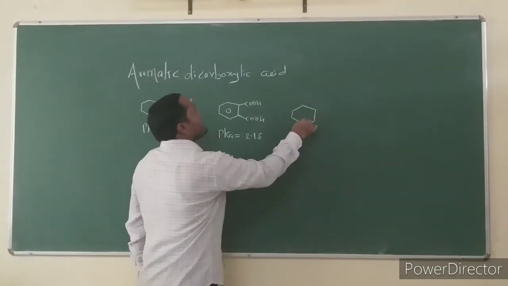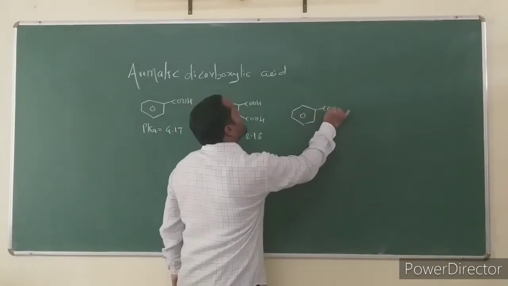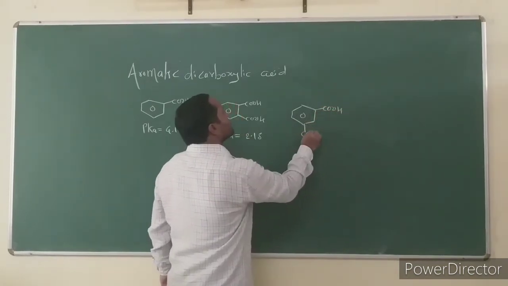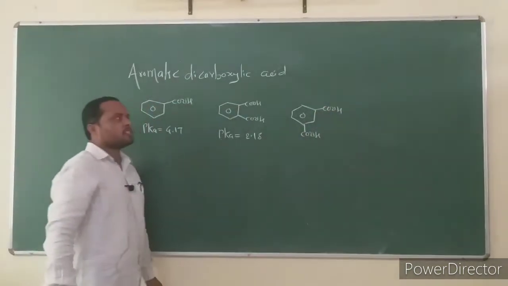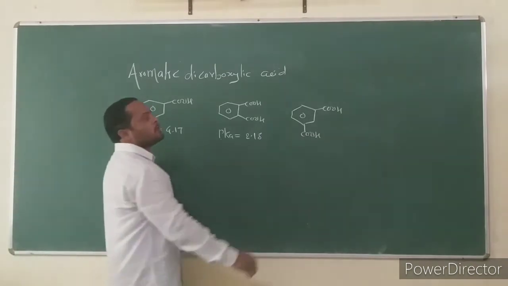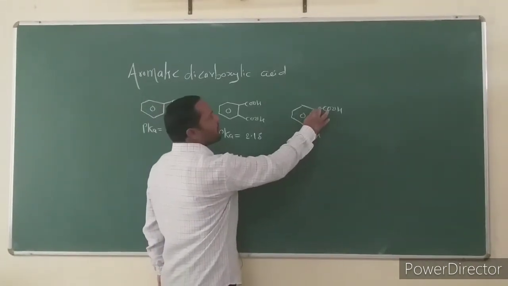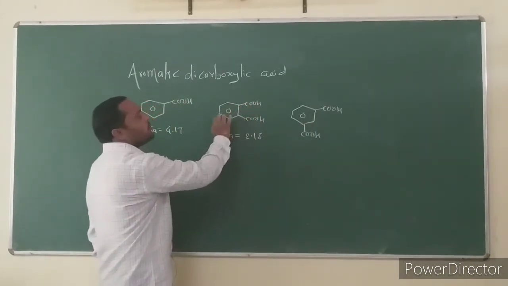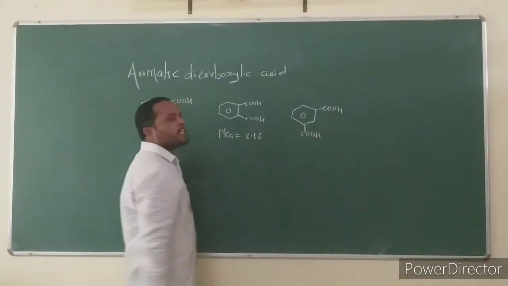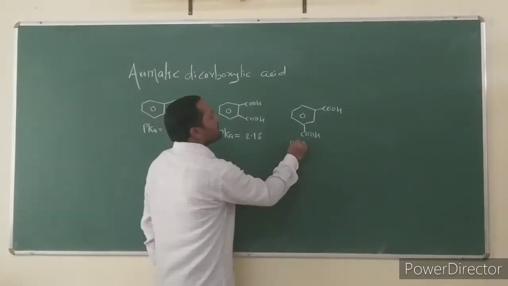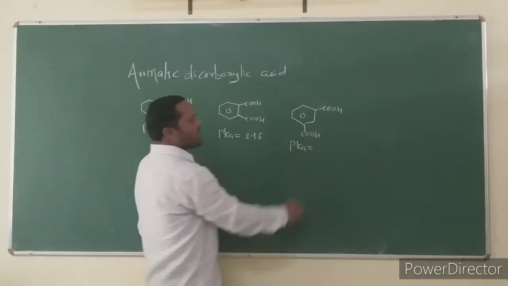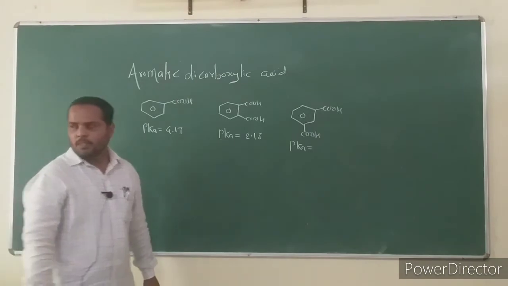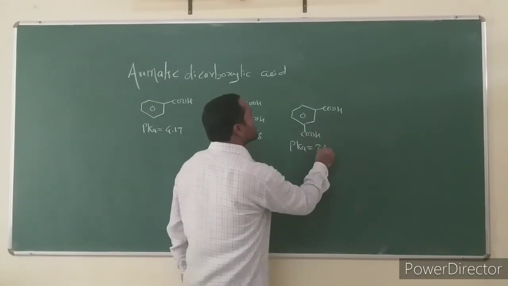Then consider another dicarboxylic acid, the 1,3-dicarboxylic acid or meta dicarboxylic acid. The two carboxylic acid functional groups are separated by one and two bonds in the two paths around the ring. This meta dicarboxylic acid has a pKa value of 3.46.